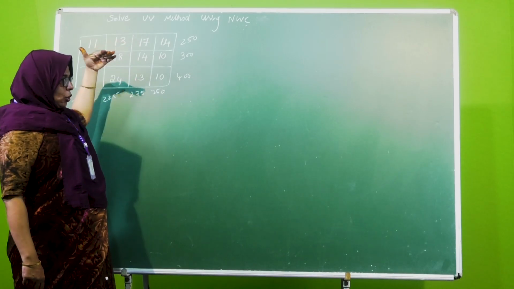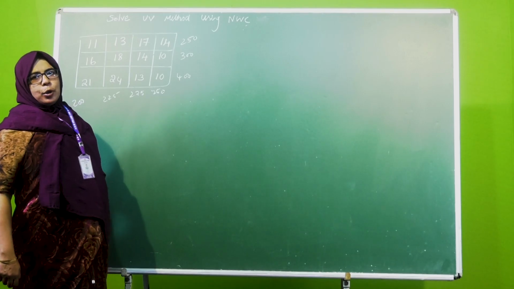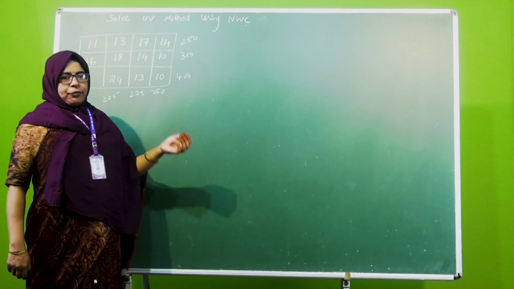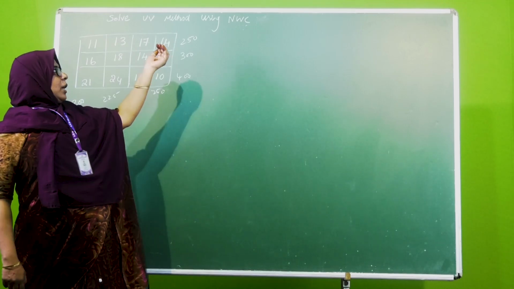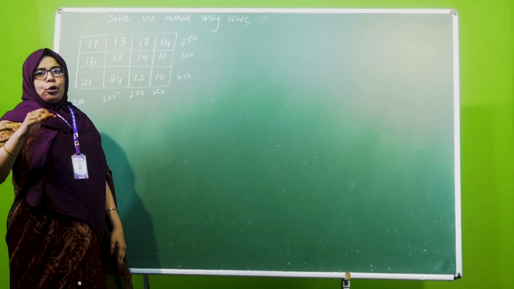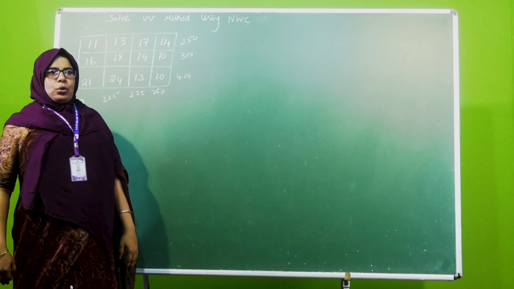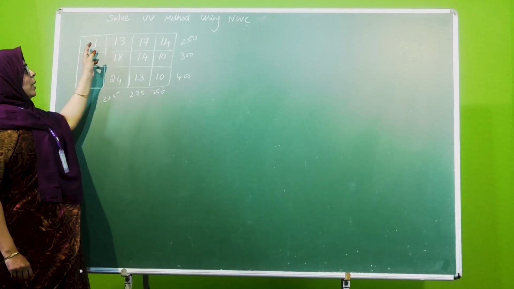First of all, you have to solve the problem using the Northwest Corner Rule, that is the NWC method, to obtain an initial basic feasible solution. Then we apply the UV method to find the optimal solution. First of all, what is the Northwest element?